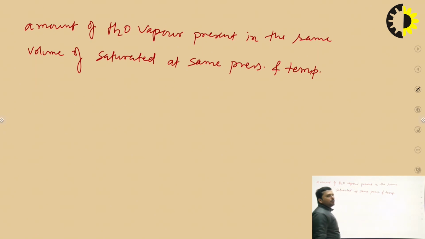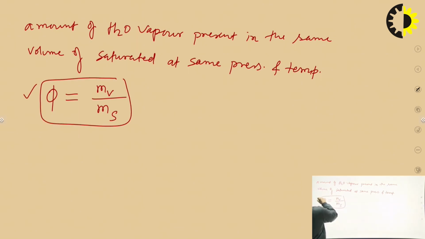According to the definition, phi is equal to the mass of water vapor present in a given volume of moist air to the mass of water vapor in the same volume of saturated air.